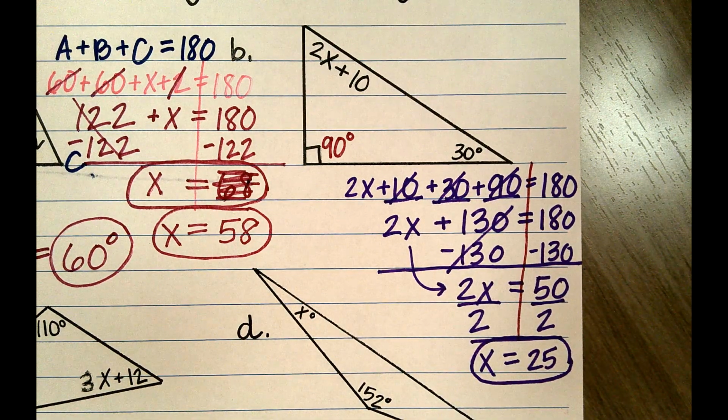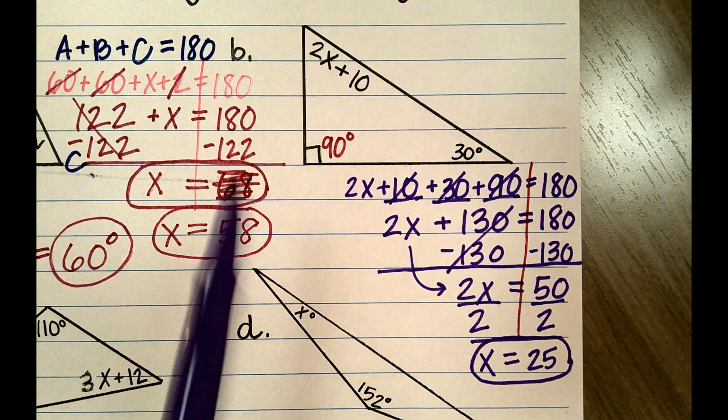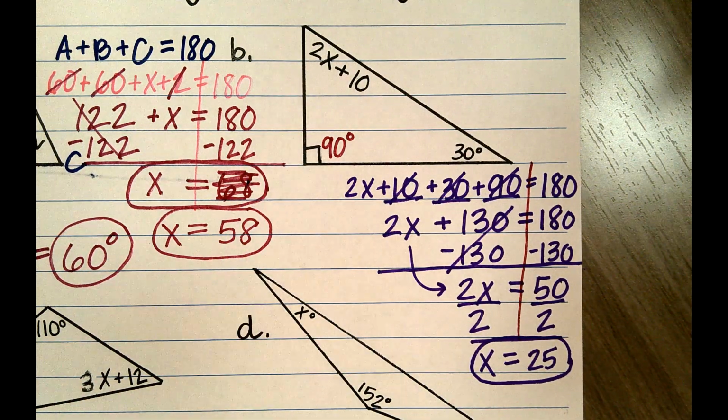Okay, so we have our x value. Can I use this to help me solve for my missing angle? I can. How do I do it?